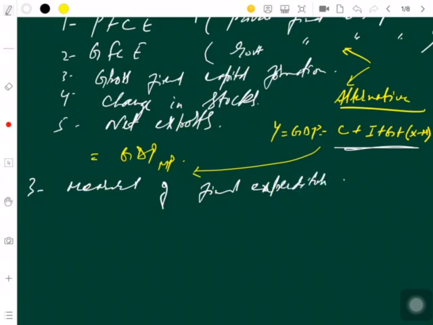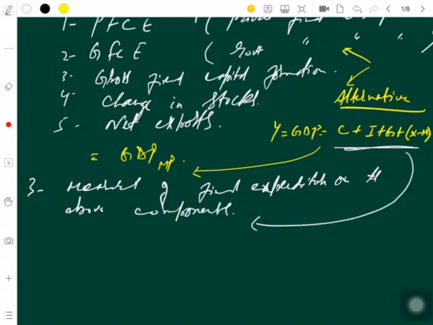Now you know what the above components are. The sum total of all these will be equal to GDP at MP.